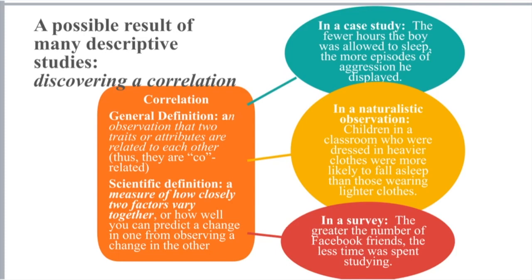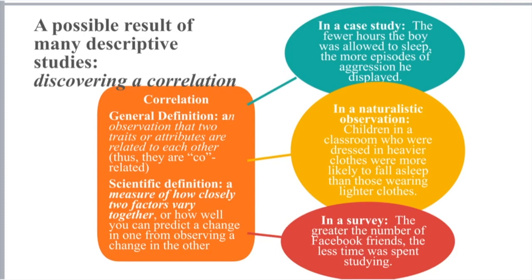In a survey, you say, I have 378 TikTok followers, and they can attribute how much time you spend studying. I spend 10 hours studying, whereas somebody who maybe has 1,000 followers spends 5 hours studying. Therefore, there'd be a negative correlation in terms of more friends equals less studying. Again, we do know correlation does not always equal causation. We'll look at that in a second, but these are some examples of how correlation can be pulled from this type of research.